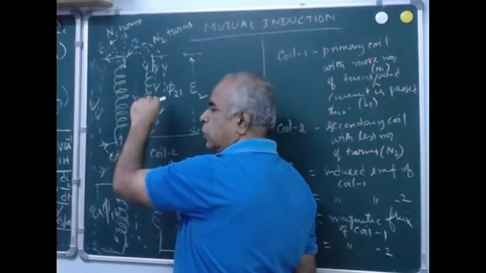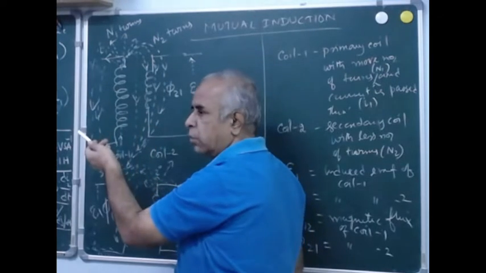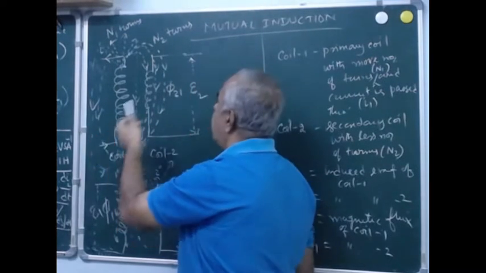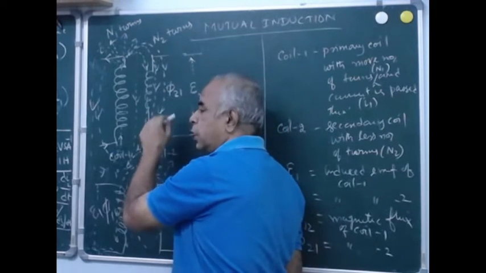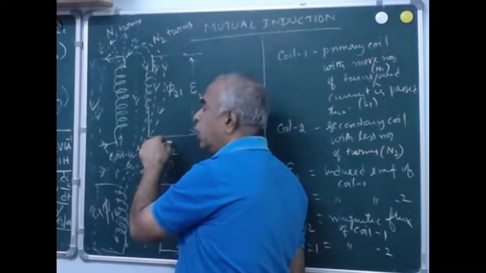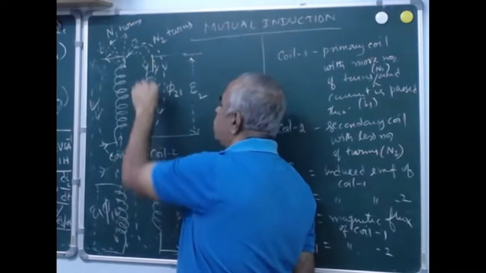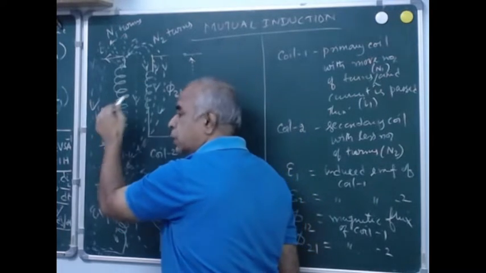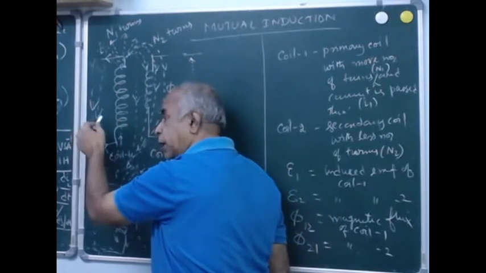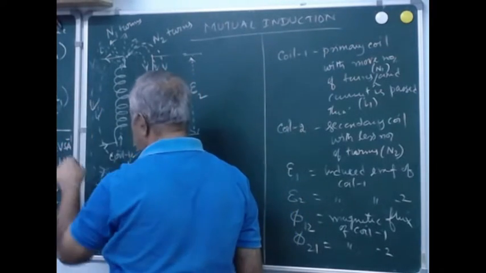Yes. Now, since the magnetic flux passing through it undergoes changes, when there is a change in magnetic flux with respect to time, there is an induced EMF according to Faraday's law, and therefore you are able to get E2. What is E2? Induced EMF in the secondary coil. Now because of this induced EMF in the secondary coil, a current I2 is passing through it, and that in turn will induce the magnetic field on the primary coil, and that is given by the magnetic flux phi 12.